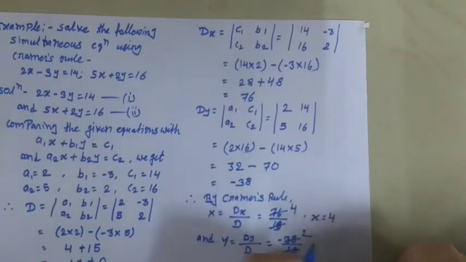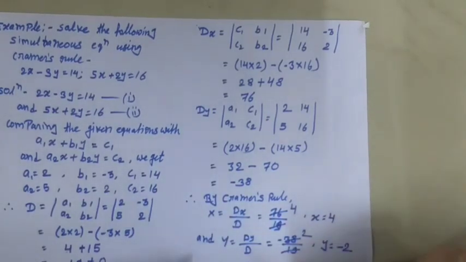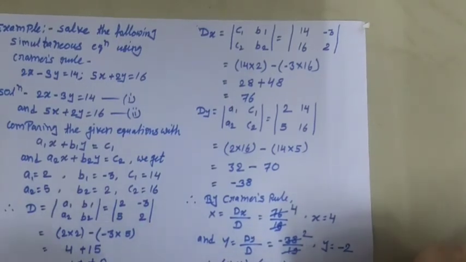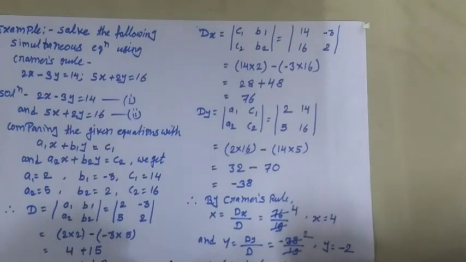Therefore, x equal to 4 and y equal to minus 2. So x comma y equal to 4 comma minus 2 is the solution of the given simultaneous equations.